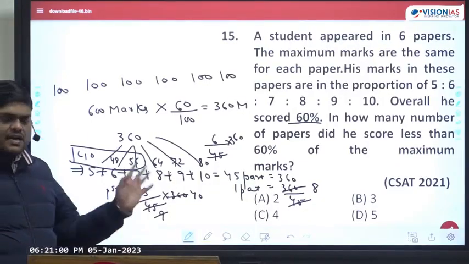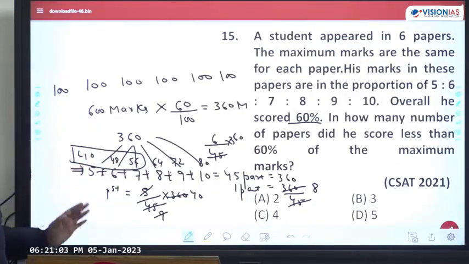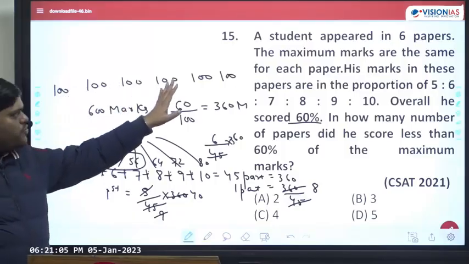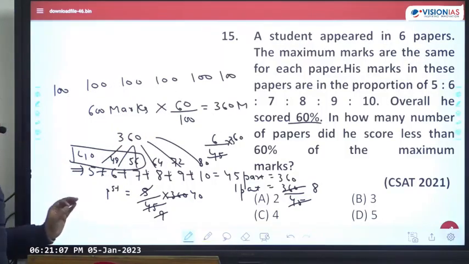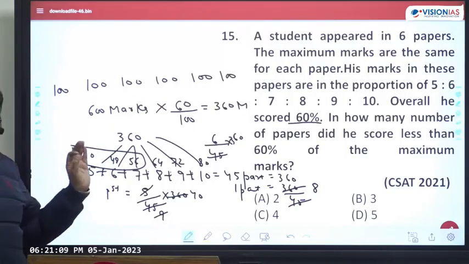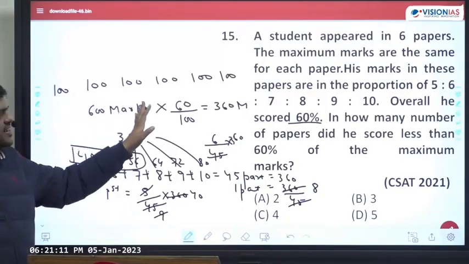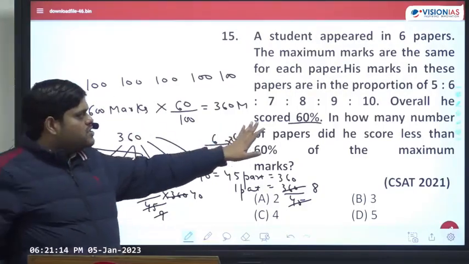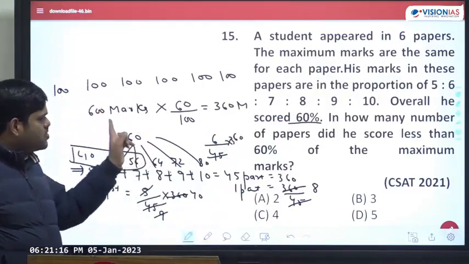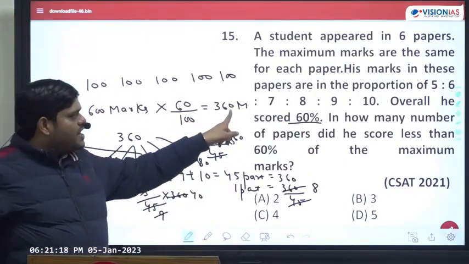Again I am repeating: the student appears in 6 papers, so 1, 2, 3, 4, 5, 6. Total 6 papers are there. The maximum marks is the same, so we have assumed 100 each. Overall he scored 60%, so this becomes 360.